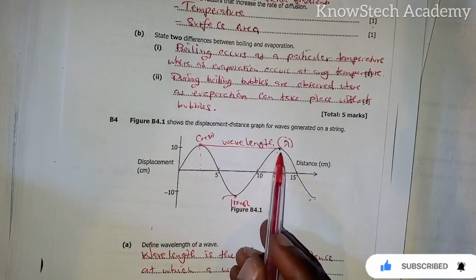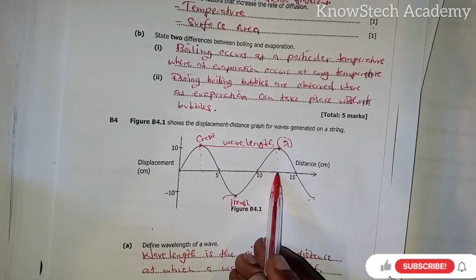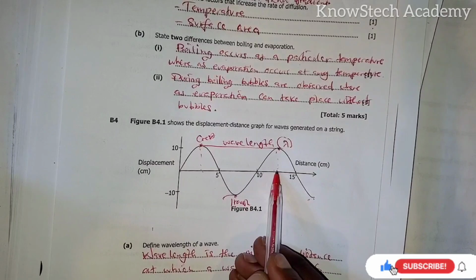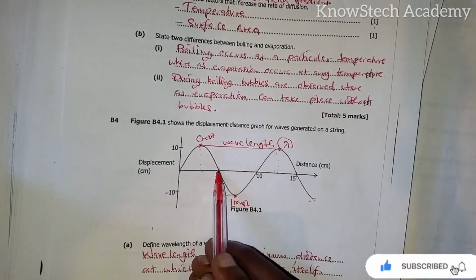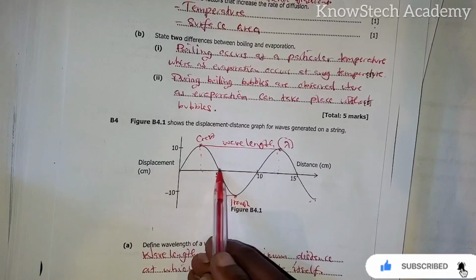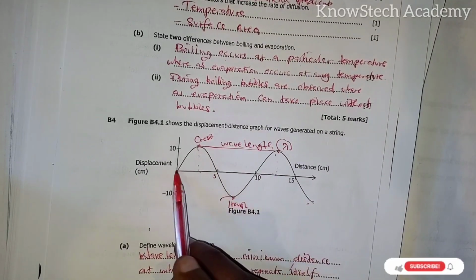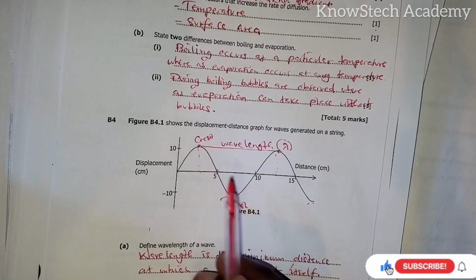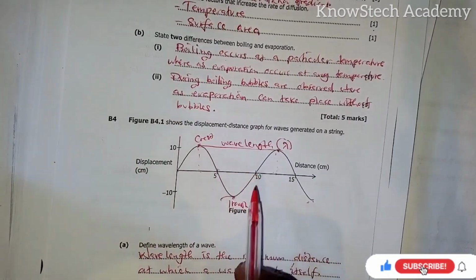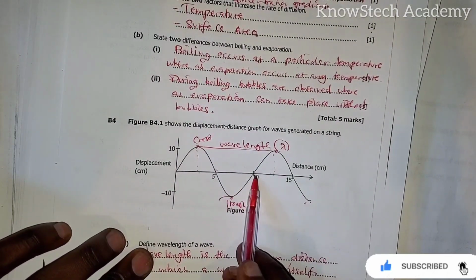This half and this half, this is 2.5 and here it is also 2.5. So 2.5 plus 2.5 forms this shape, half of a wave, which is 5. From 5 to 10, it is 5.